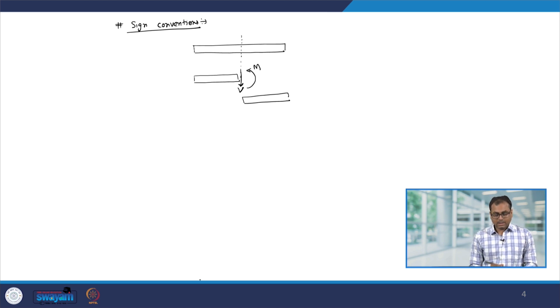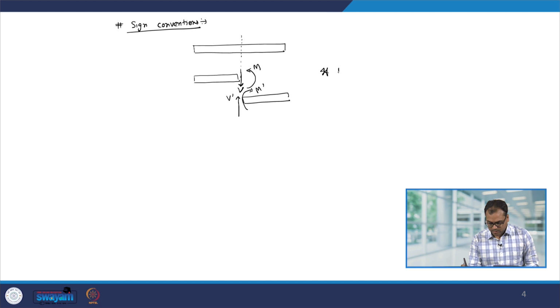In this case it will be positive, and on the right hand side of the bar let us think that the shear force is V prime and it is upward, and let us say the moment is in this direction, then we can take this as positive sign.